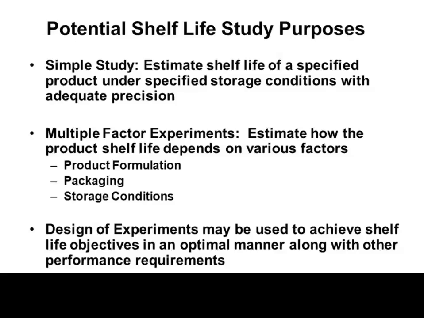So I'll just say that if you're going to do this kind of a study, I would strongly encourage you to look into using a methodology called design of experiments, or DOE, because rather than haphazard trial and error approaches, DOE is a very structured, balanced approach that allows you to build predictive models that let you understand the relationships between these input factors and an outcome like shelf life.